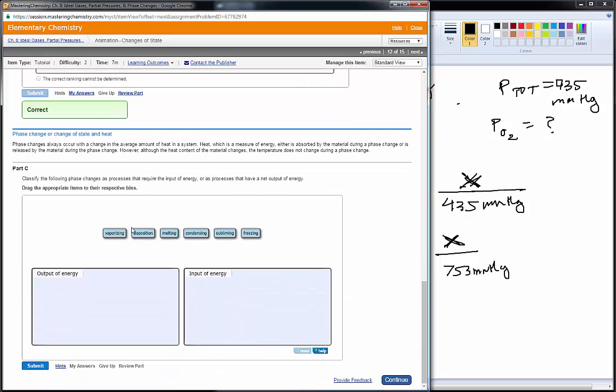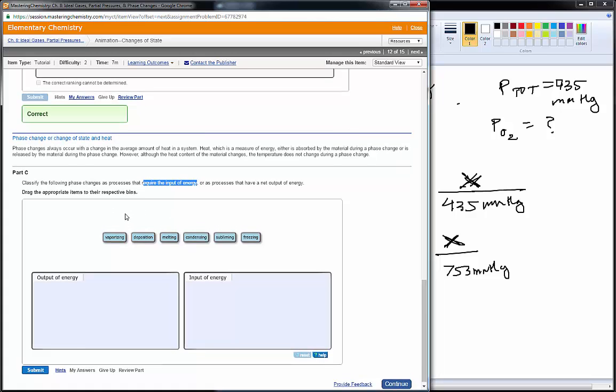Next, are these processes going to absorb energy or release energy? Or in other words, they're saying require the input of energy, that is absorbing energy, and this is releasing energy. So vaporizing is when we go from a liquid to a gas.